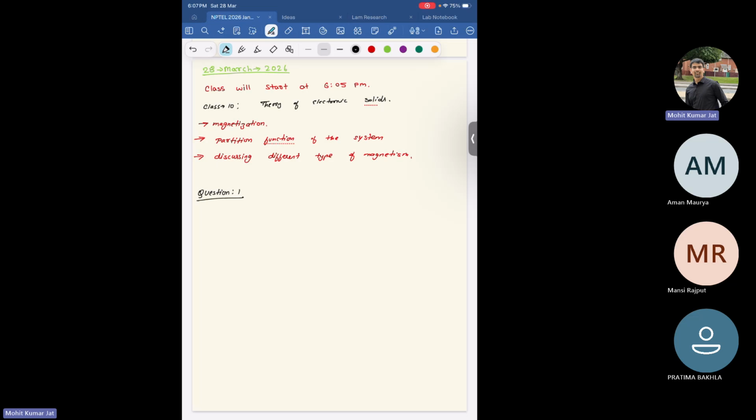Question number 1, in which I'll be aiming on determining the partition function of the system with given Hamiltonian.